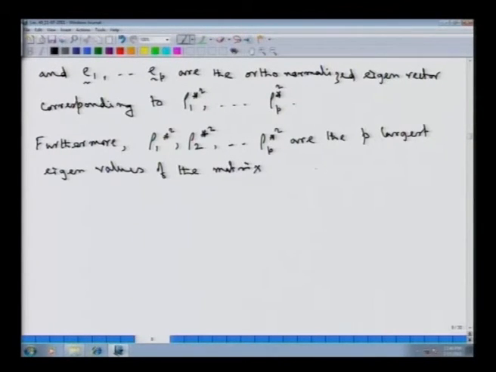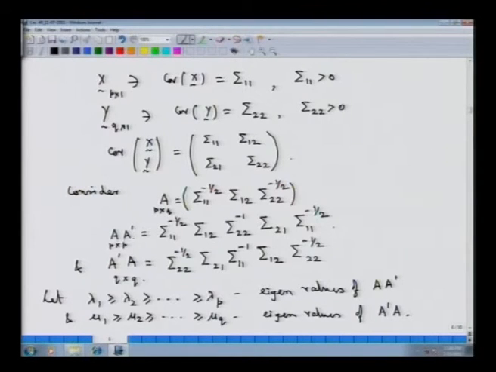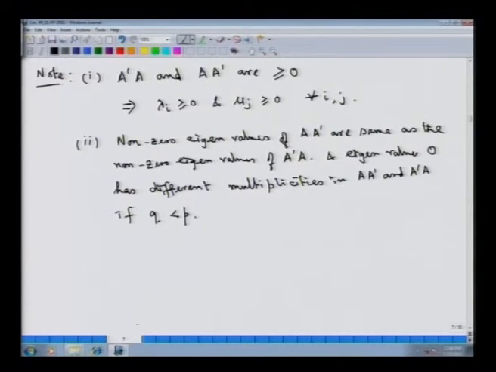So, that matrix would be given by sigma 2 2 to the power minus half, sigma 2 1, sigma 1 1 to the power minus 1, sigma 1 2, sigma 2 2 to the power minus half, right. This is what we had seen earlier by defining A prime and the corresponding A prime A as these two matrices, and we had noted that the non-zero eigenvalues of the two matrices will be exactly the same, only the eigenvalue 0 will have different multiplicities in the two matrices.